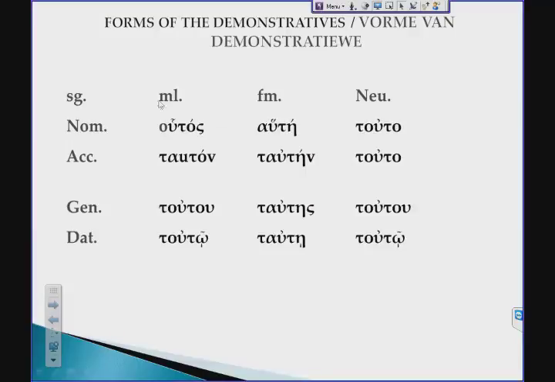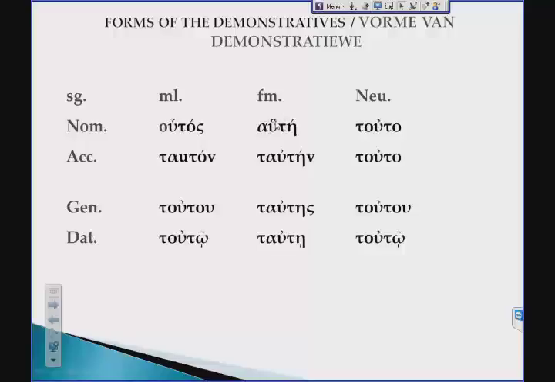The first one in the nominative, houtos, meaning this. Okay? Houtos. And now look at the feminine. It changes. Out there, it has the spiritus, the sound changes. Mukesh, did you see that in the notes?